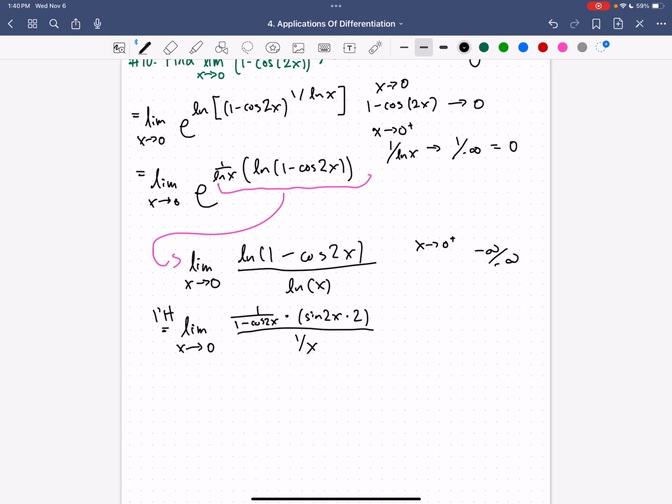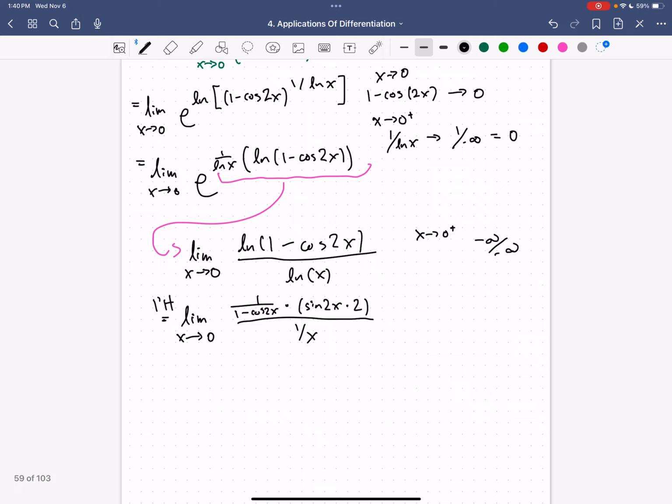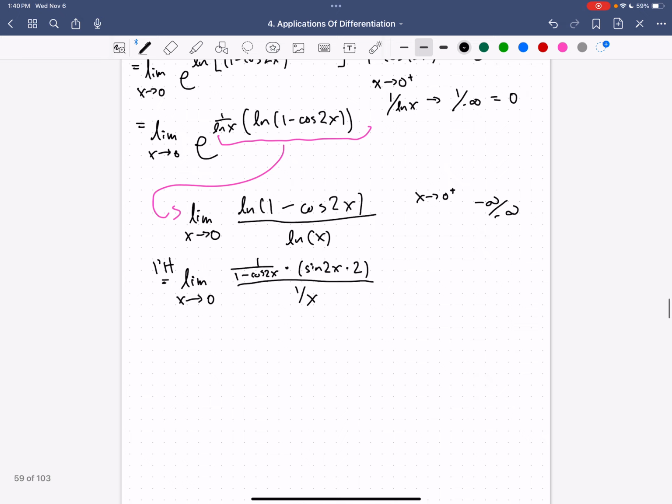For a lot of these, you'll notice that we end up rearranging things just to look a little nicer before we consider applying L'Hopital again. If you end up having to do that, may as well make your derivative not as messy. So, just to clear this denominator of 1 minus cos 2x, we're going to multiply everything by that.